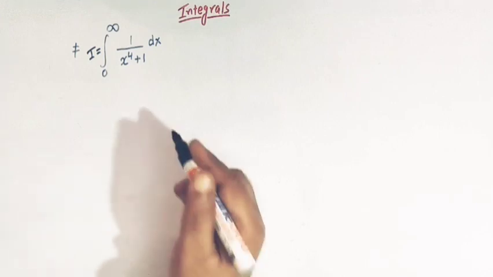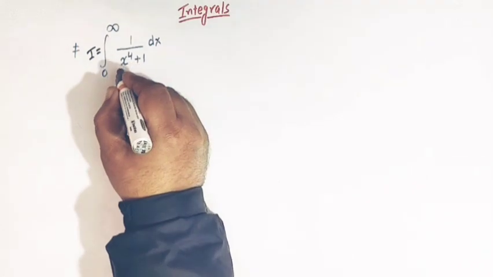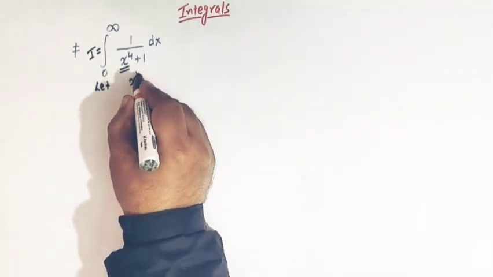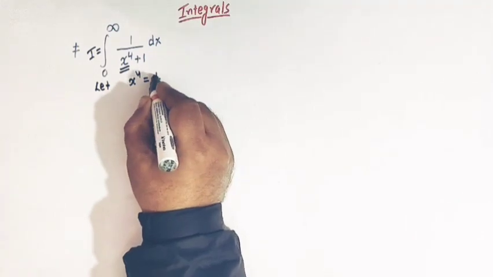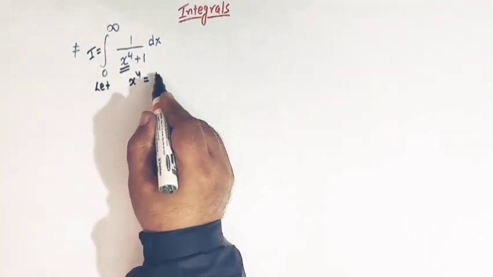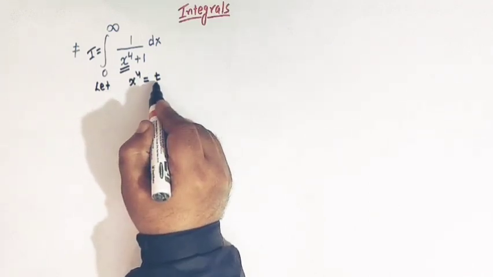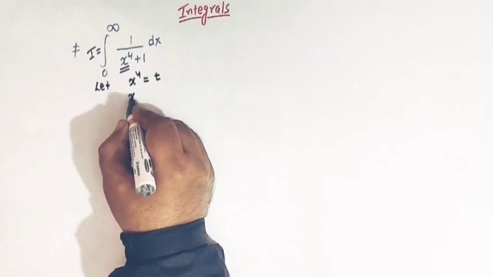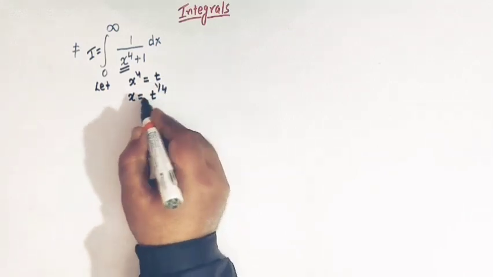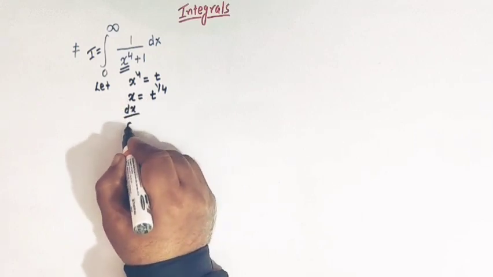Here we'll take help of the method of substitution, and we'll take x raised to 4 equal to t, right? So I will introduce a variable t such that x raised to 4 is equal to t. So x can be written as t raised to 1 by 4, and let us differentiate x with respect to t.